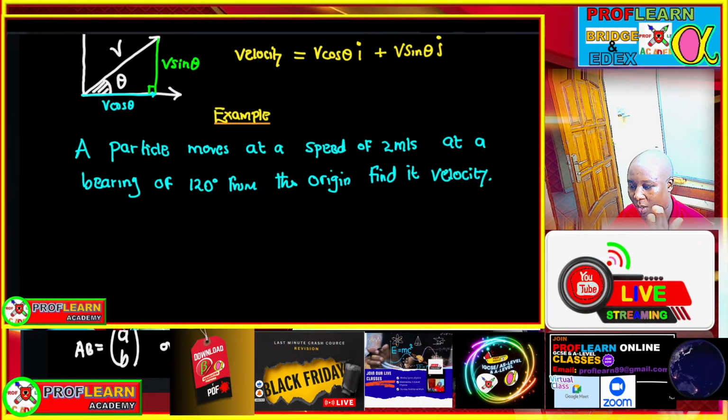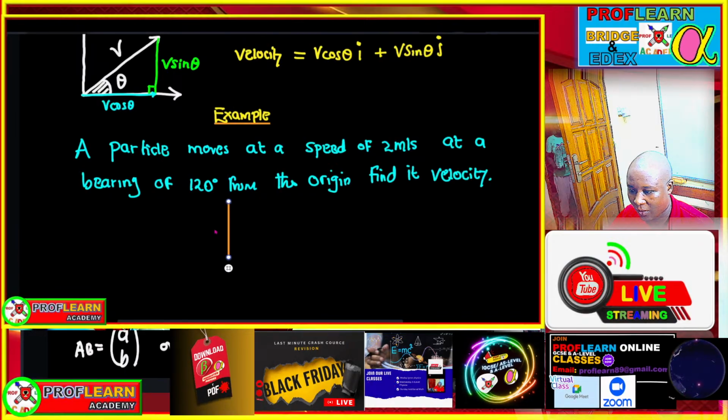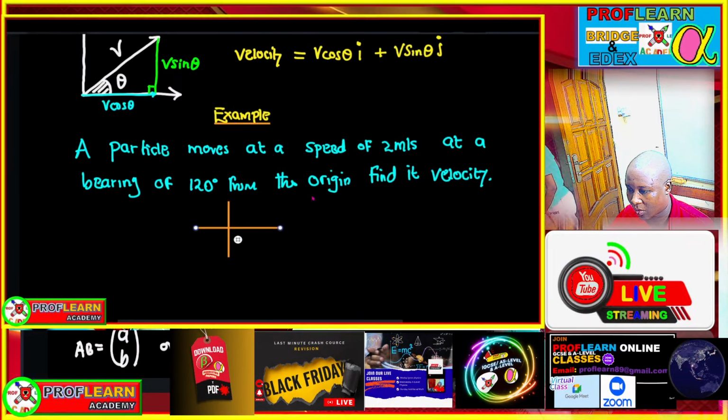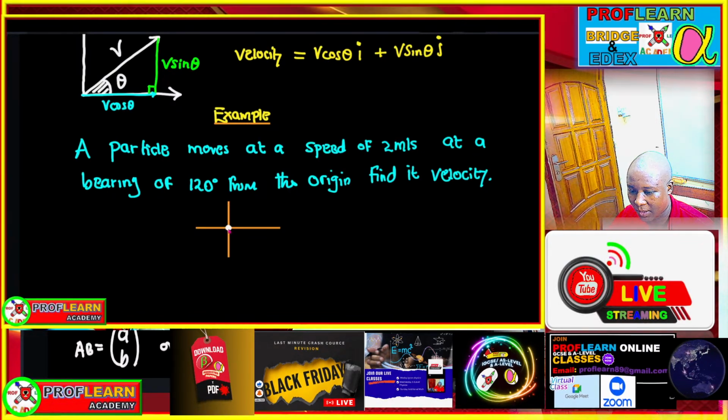So remember, bearings are usually measured from the north, then it means that for us to find the velocity vector for this, that is the position, and then the bearing is basically going like that, and this is basically 120 here.